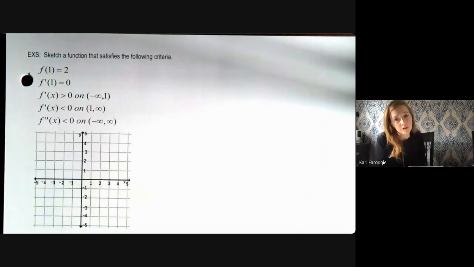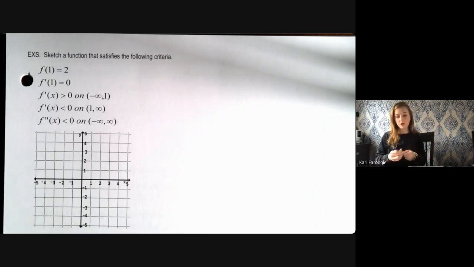In 4.3, we're really going to be focusing on how do we graph a function just by looking at its first derivative, looking at its second derivative, and using everything we know about algebra to create a really nice graph, thinking about where it increases, where it decreases, where it's concave up, where it's concave down, where's the max, where's the min. There's so much we can tell now about a function just by looking at the graph and at the function and its derivatives. So we're going to do two sketches here as the last thing we do here today.